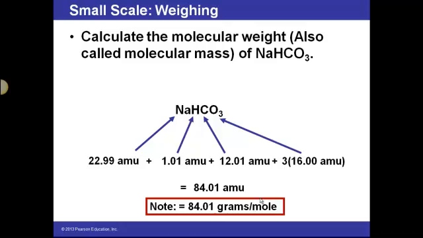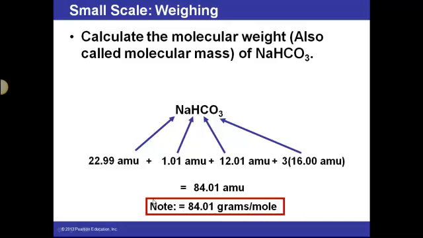So, and we know that 1 mole is equivalent to how many molecules of sodium bicarbonate? That's right, 6.02 times 10 to the 23rd molecules of sodium bicarbonate are present in 84.01 grams of this substance, or 1 mole of this substance.